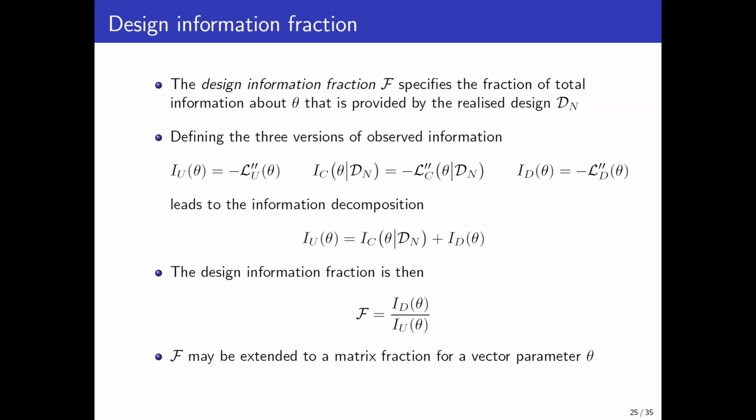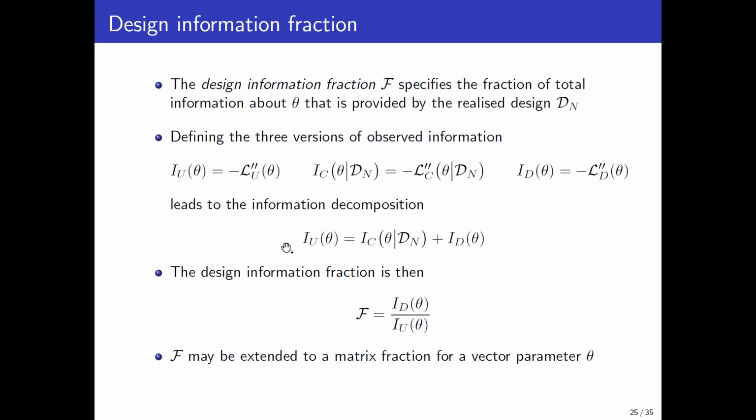So for example, the final allocation proportions in an adaptive randomization design, how much information about theta is coming from that particular observation. Underlying this information definition is just the traditional observed information associated with each of those 3 different likelihood functions. So the unconditional, the conditional, and the design likelihood.